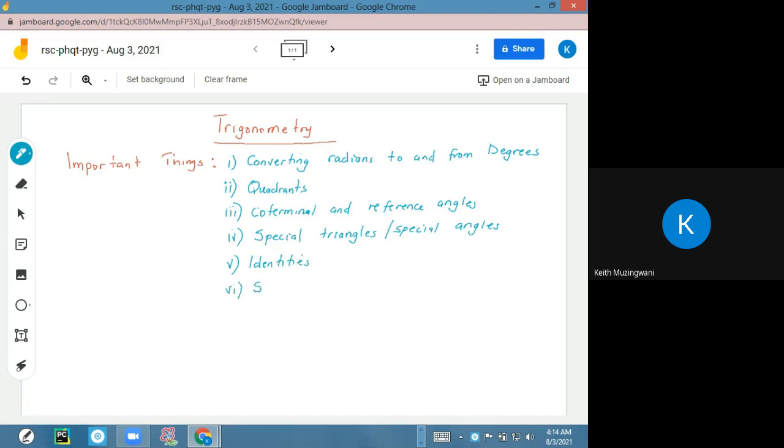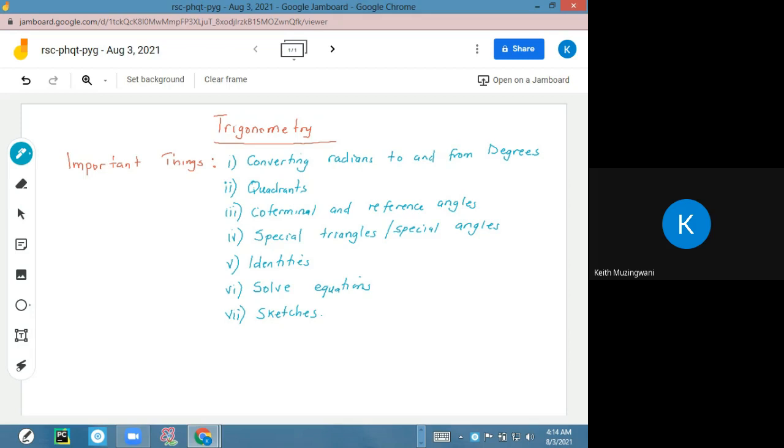Then you can now start solving trig equations so that you become very free even to sketches. So all these, this is how you should understand trigonometry.